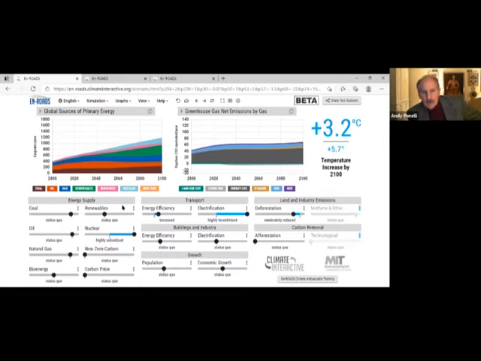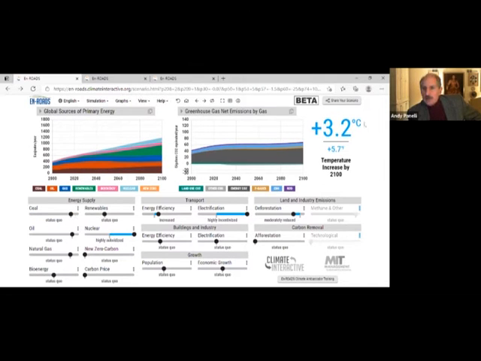How about if we tax coal and subsidize renewable energy? Okay. Now we've put a little bigger dent in it. So let's play that back.